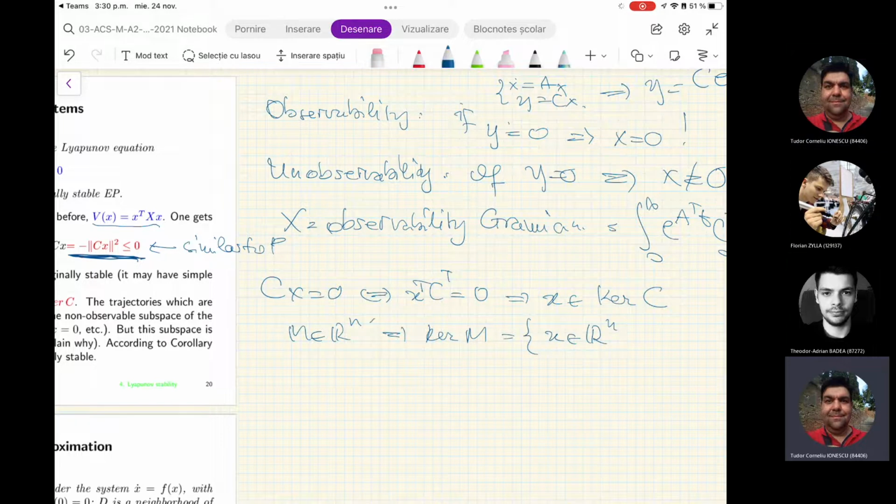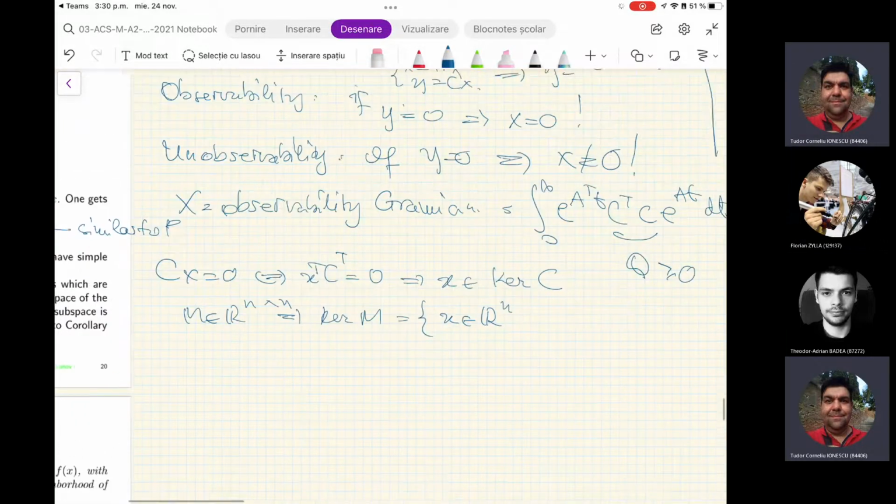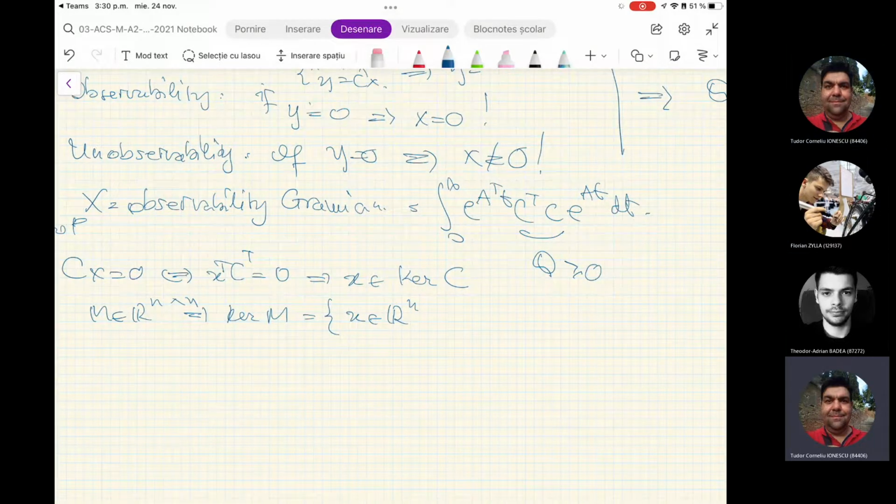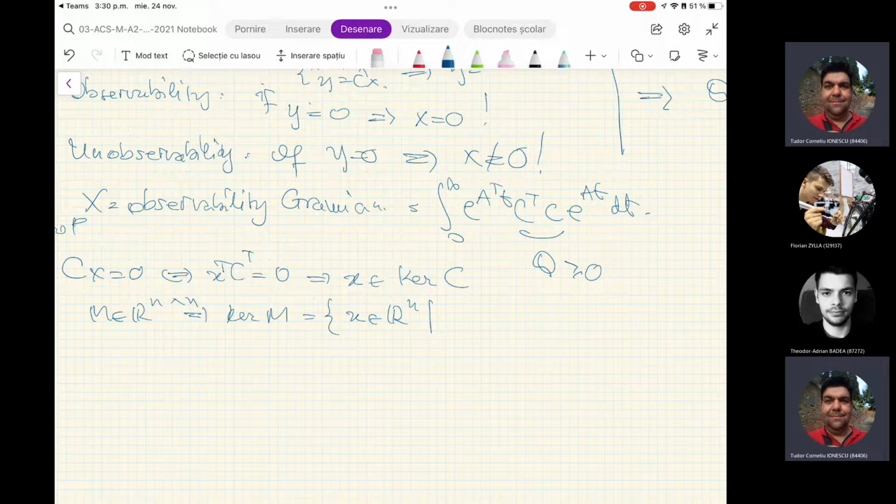It need not necessarily be a square matrix, but even so. So the kernel of any matrix M is the set of all vectors x in R^n with the property that Mx equal to 0.